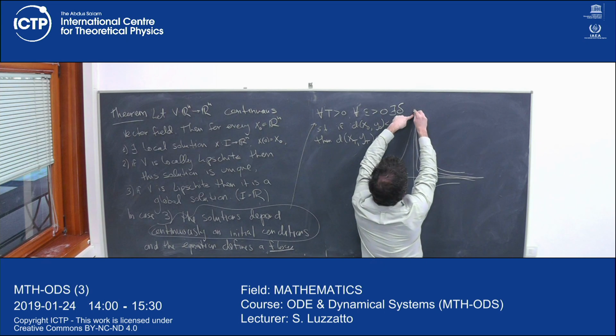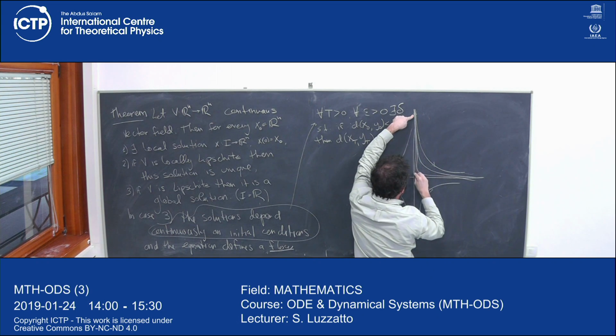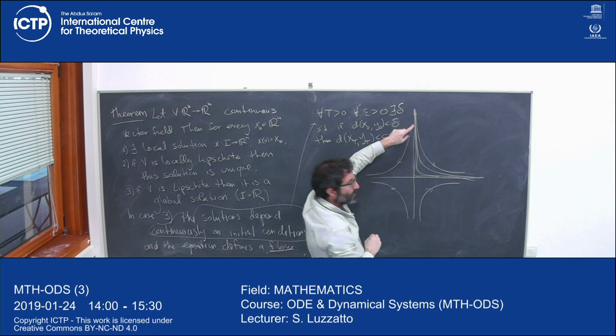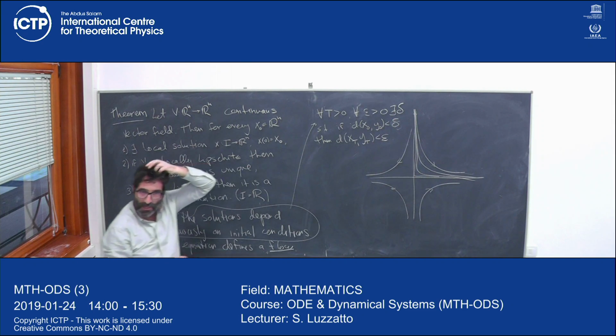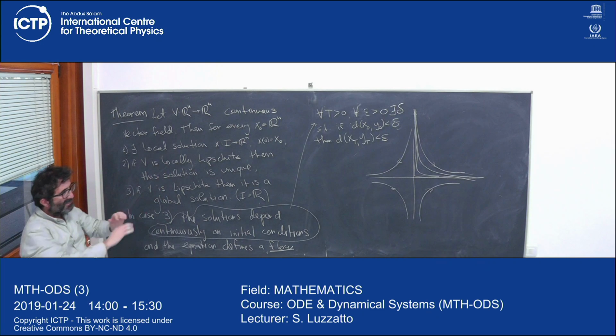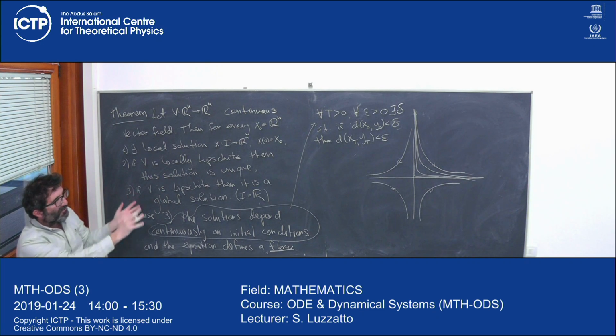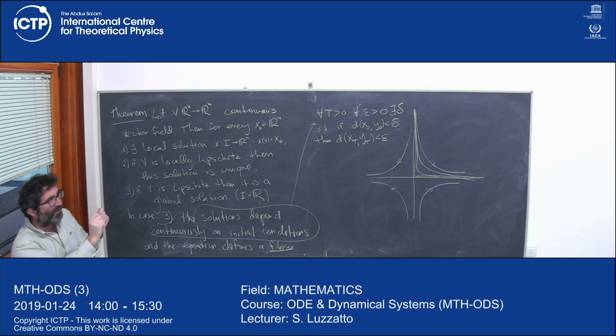By taking some point that is very, very close, I can come very, very close here. This is just a little subtlety. I think this field of differential equations, at least the basic definitions, is full of these little subtleties. Exactly what do we mean by x dot equals v(x), and also this continuous dependence on initial condition is very tricky. You have to be careful about what it really means.